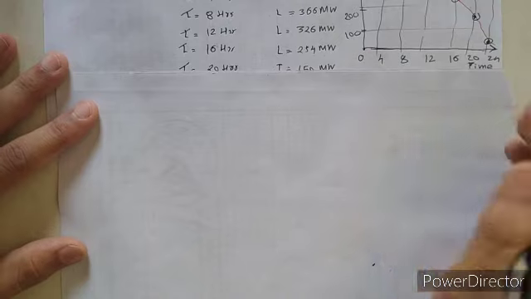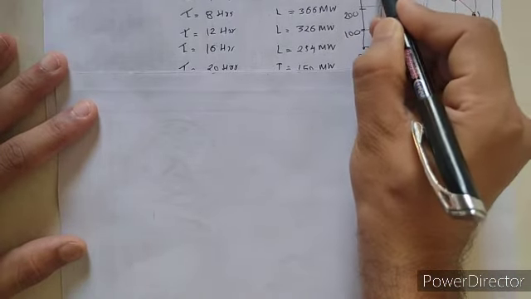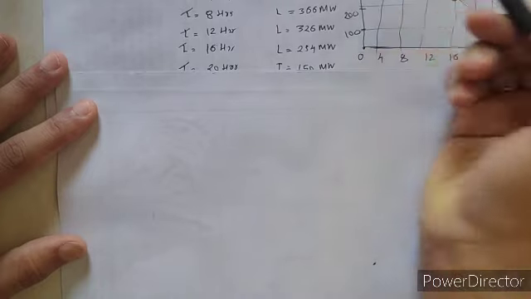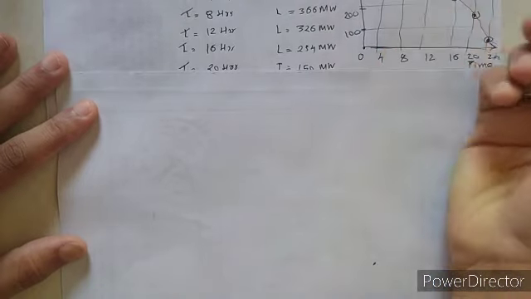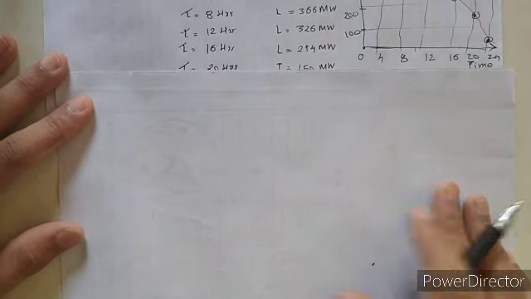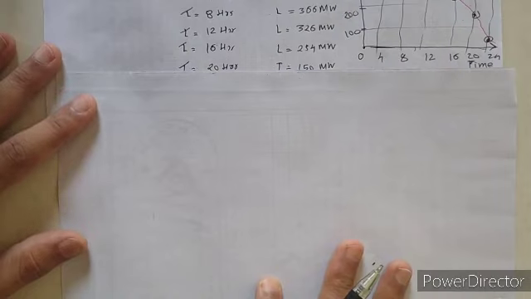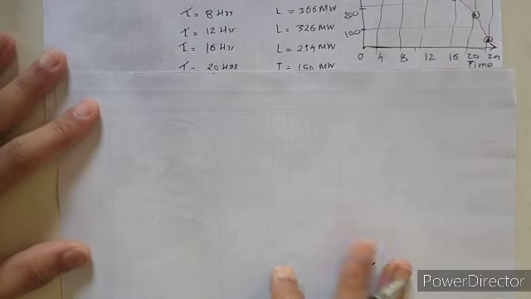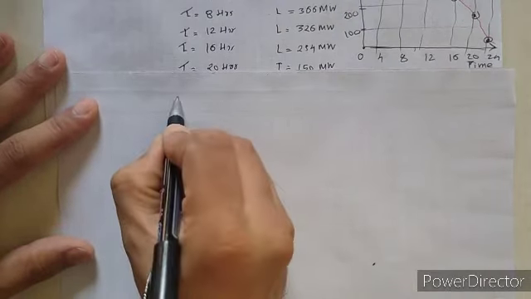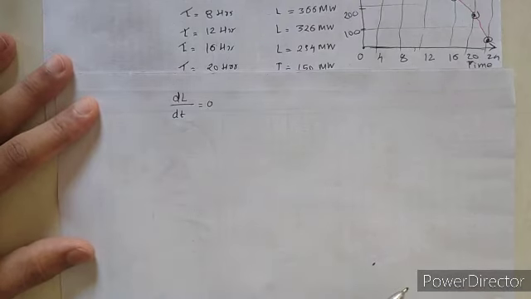This is the point where, if we draw the tangent, it will have zero slope and be parallel to the x-axis, and at this point the load will be maximum. So how can we calculate that? By differentiating the load equation with respect to time and equating it with 0, we can calculate the maximum load.